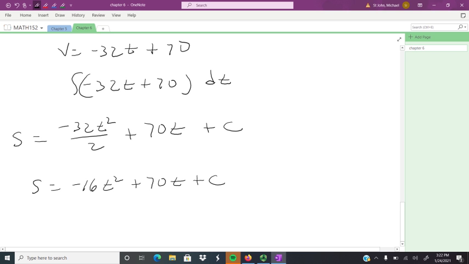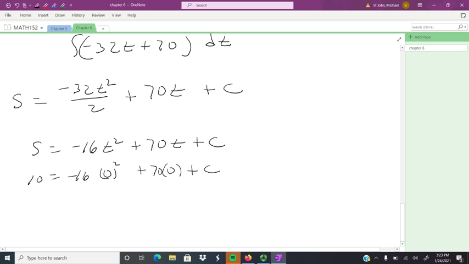But then again, we were told that s naught is 10. So we have 10 equals minus 16 times 0 squared plus 70 times 0 plus c. So c is 10. And so position was given by minus 16t squared plus 70t plus 10. And we're done, right?